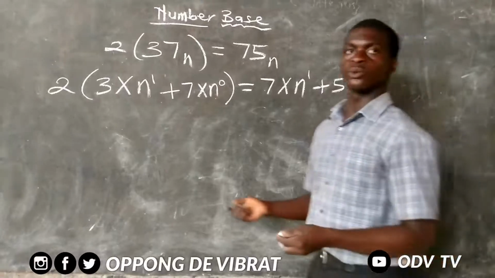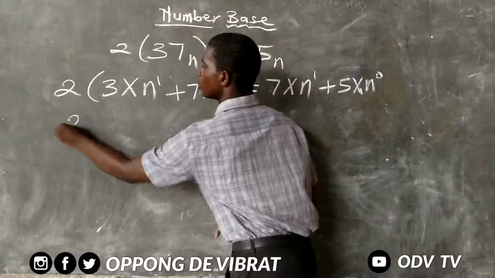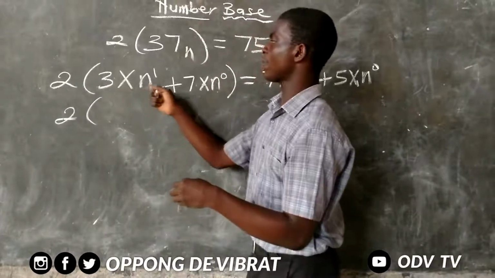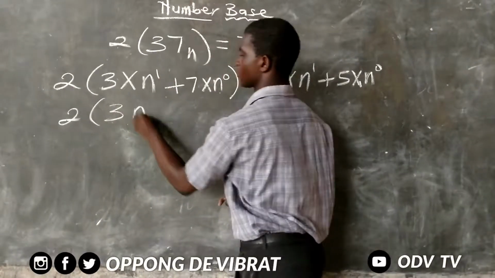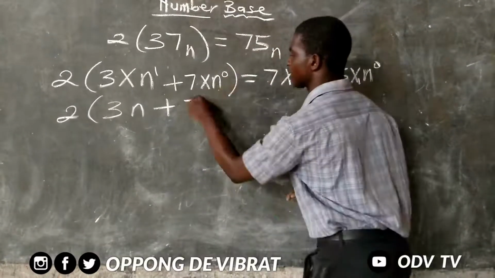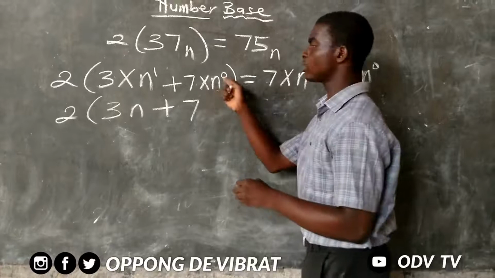With this, we have 2, bracket open, 3 multiplied by n to the power 1 gives us 3n plus 7 multiplied by n to the power 0 gives us 7, since n to the power 0 is 1.